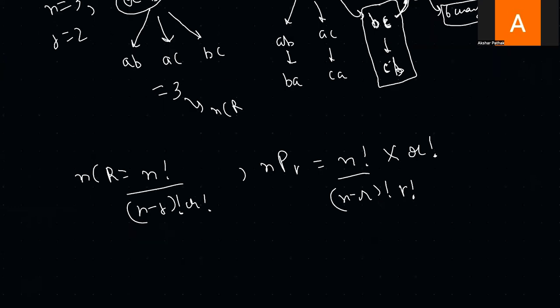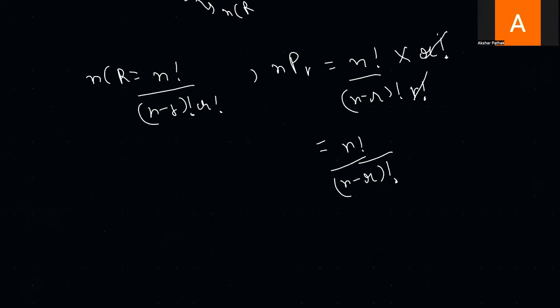So for now, if you are not able to understand this, you can just mug it up. I will explain it in the next topic. So NPR is n factorial upon n minus r factorial. Now the question comes, why did I multiply it with r factorial?